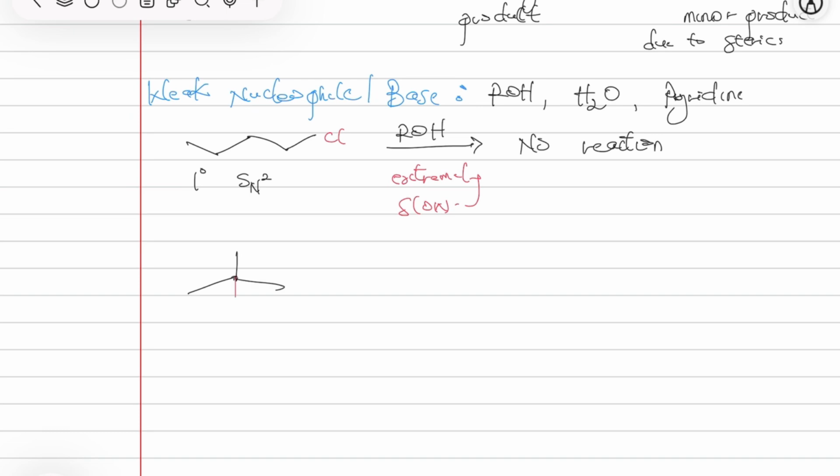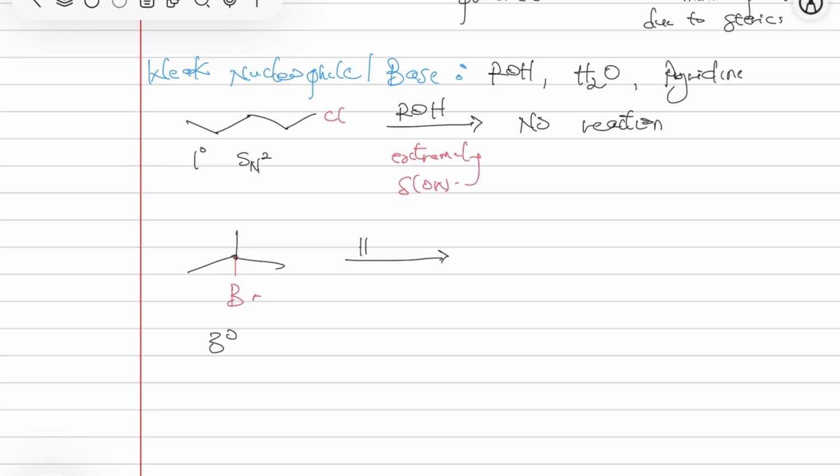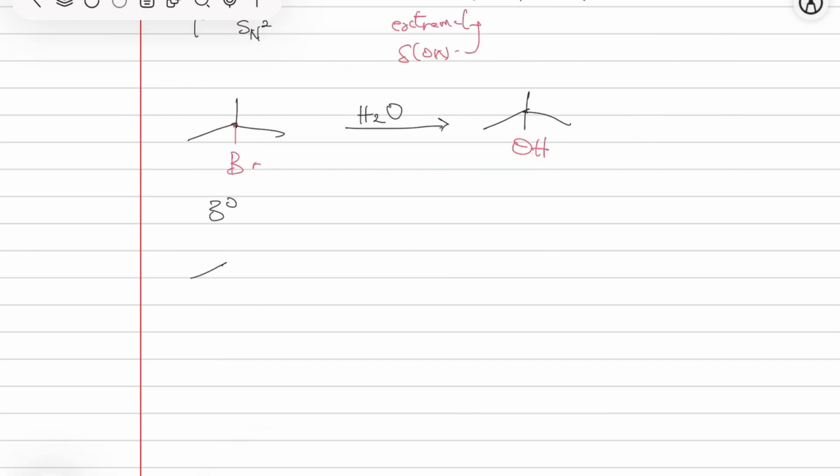For reagents that act as a weak nucleophile base, for example, we have the alcohol, we have the water, and sometimes we have the pyridine. This reaction usually proceeds via SN1 and E1 mechanism. We often observe E1 mechanism when the substrate is treated with an acid and at a very high temperature.